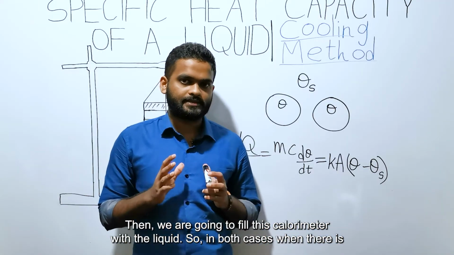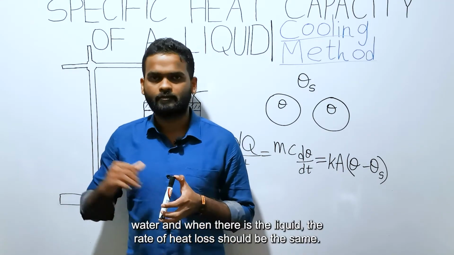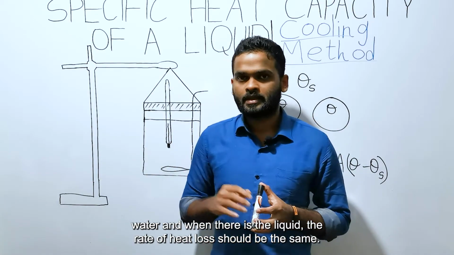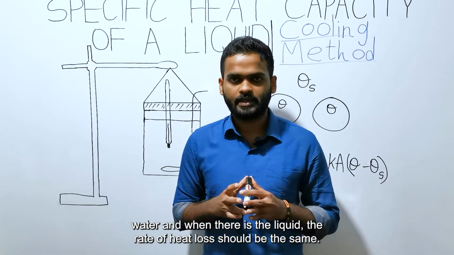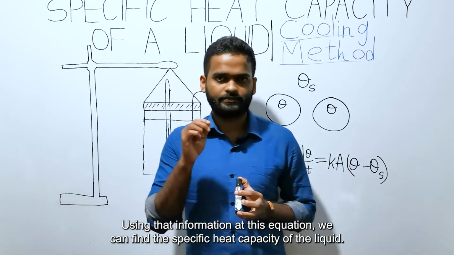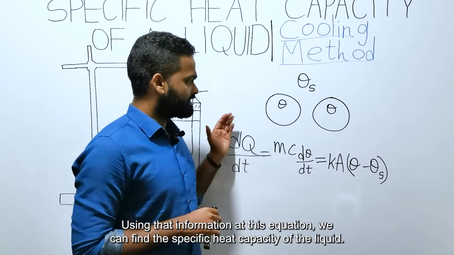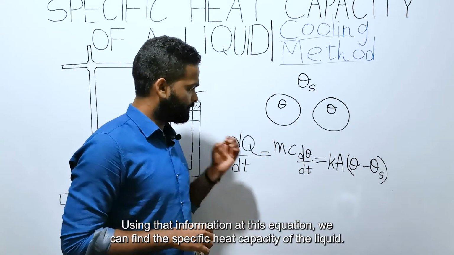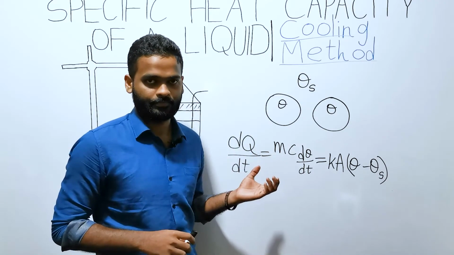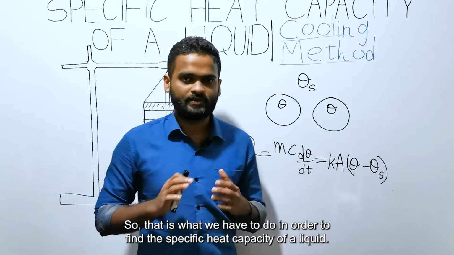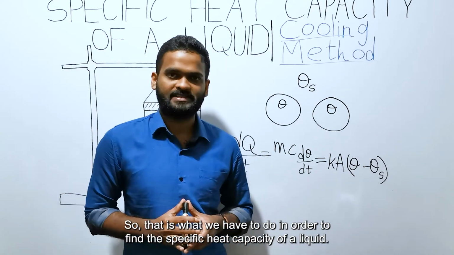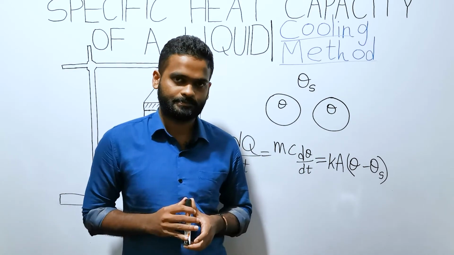So in both cases, when there is water and when there is the liquid, the rate of heat loss should be the same. Then using that information and this equation, we can find the specific heat capacity of the liquid. So that is what we have to do in order to find the specific heat capacity of a liquid.